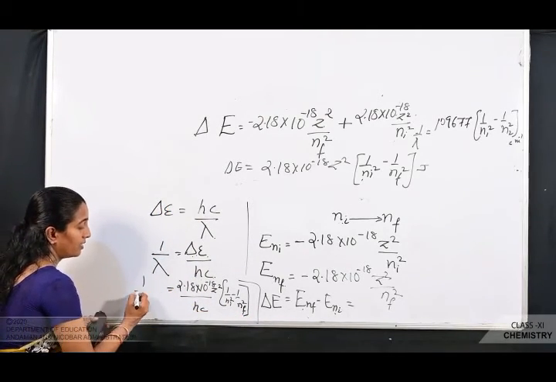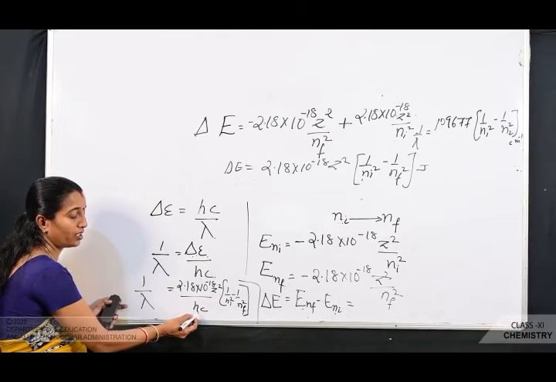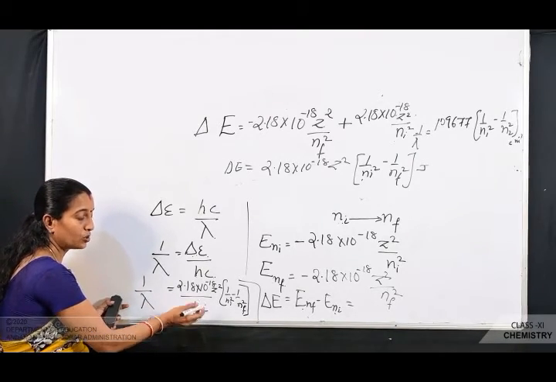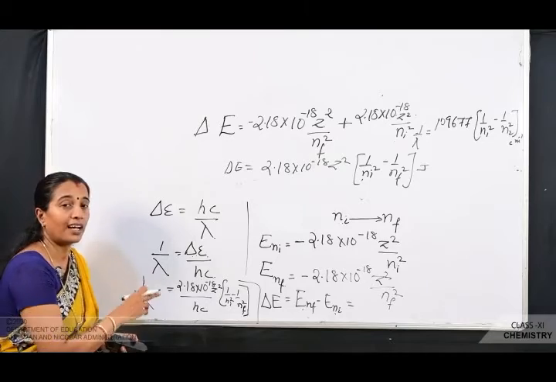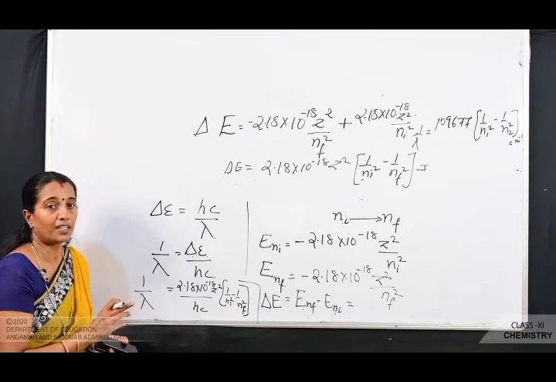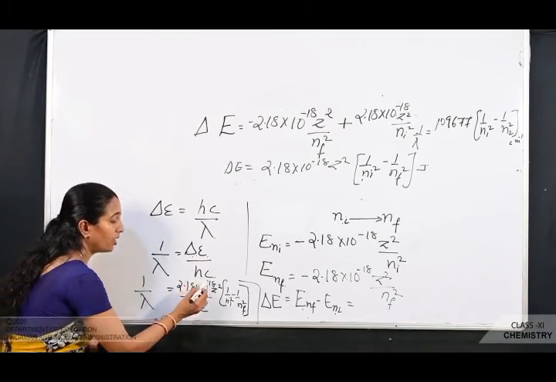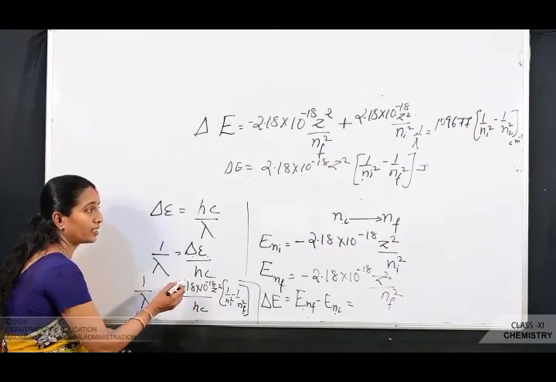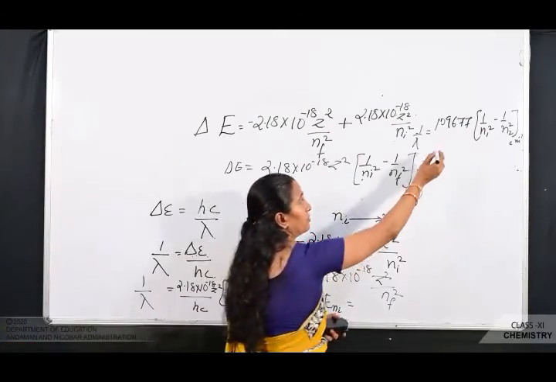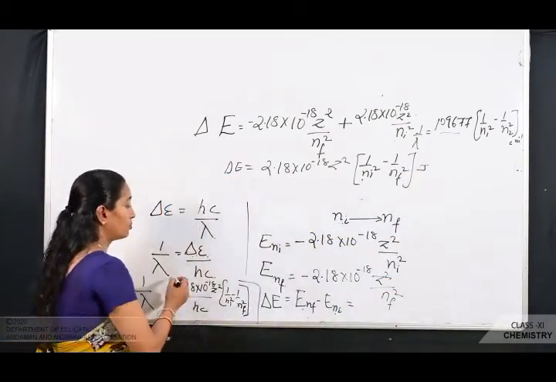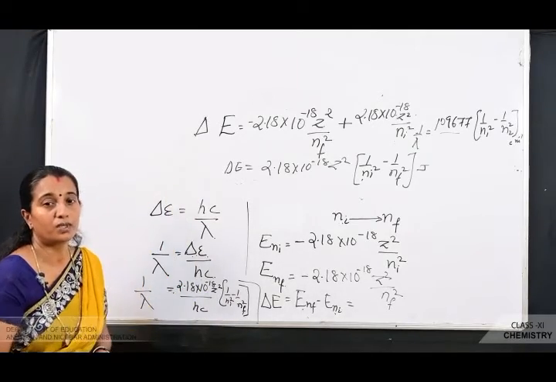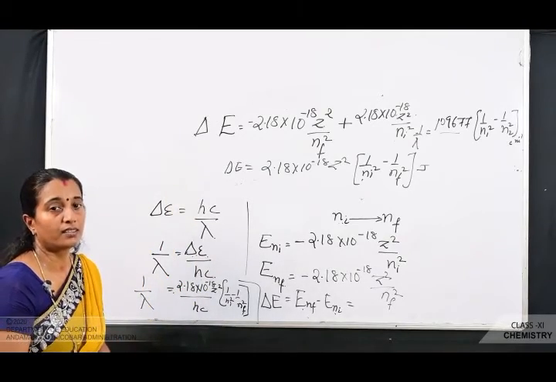Here h is Planck's constant, 6.626 into 10 to the power minus 34, and c is 3 into 10 to the power 8 meters per second. If you put in the values and calculate, you will get this value. So Bohr's theory has proved and explained the Rydberg expression.